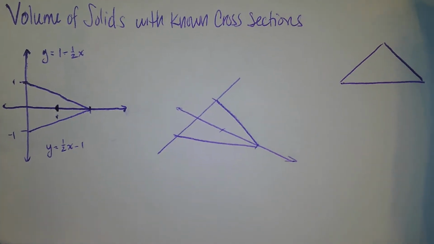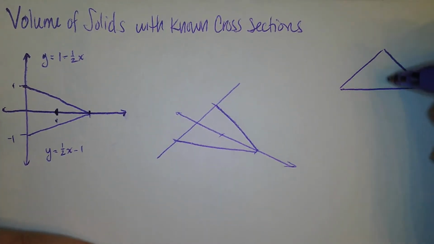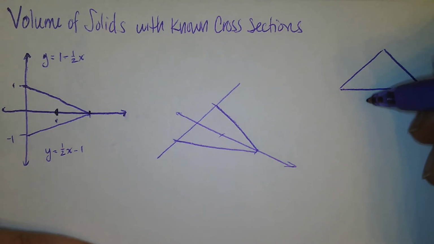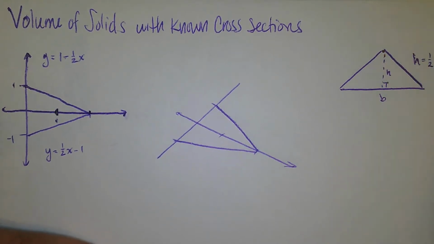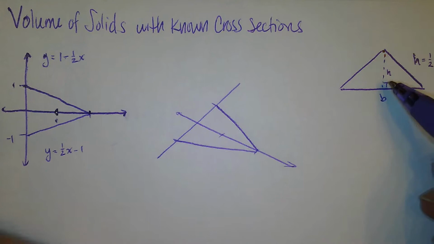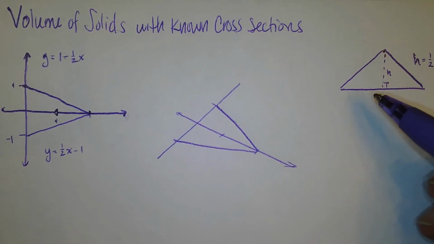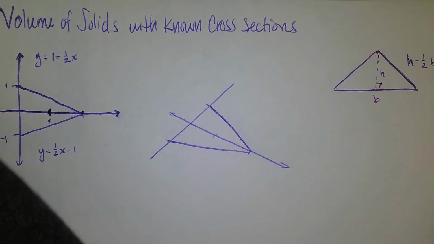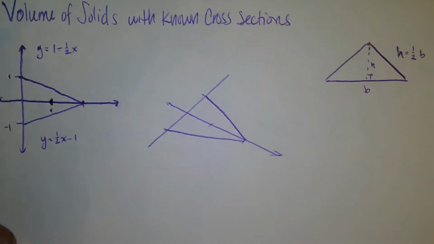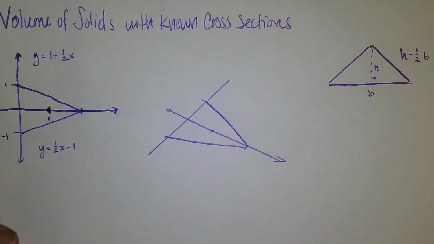This triangle is going to fit a certain pattern: the height is going to be 1/2 the base. Okay, so the height is half of the base, and that's going to create a pretty nice triangle to deal with, because I don't want to give you a crazy formula.